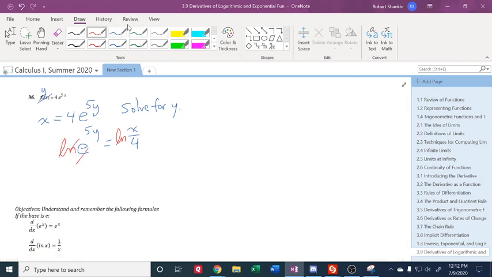And I'm going to get 5y equals ln of x over 4. And then I divide by 5. That's my inverse function.